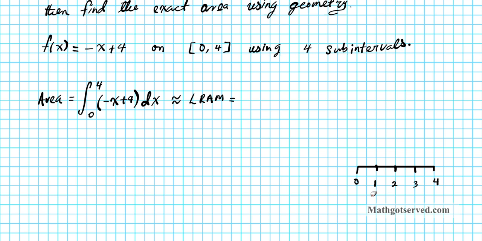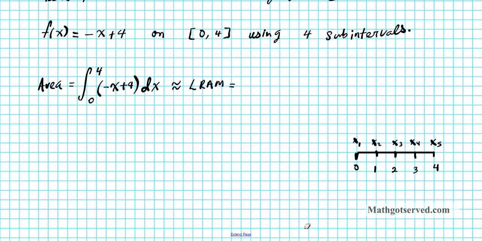Okay, so this is a nice problem for us. Now, we're going to label our calibration points starting from the left endpoint all the way to the right endpoint. The first one is x1, next is x2, x3, x4, and x5. Now, when we're looking for the left rectangular approximation, or the left Riemann approximation, we're going to take all the points to the left of our right endpoint.